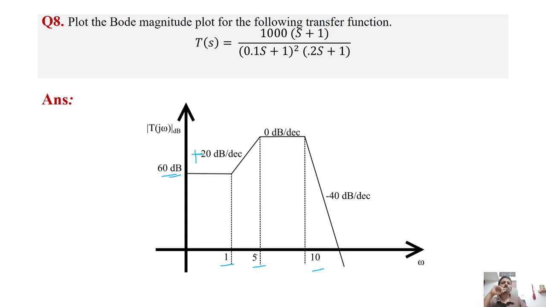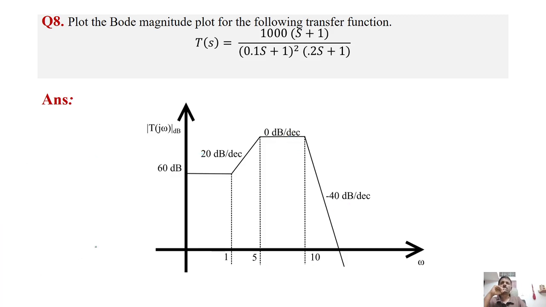At 5 it is a pole, so it will create minus 20, so 20 minus 20 is 0 dB per decade. At 10 there is a pole, so it will create a negative roll off, and since there are two terms, 0.1 s plus 1 whole square, it will create minus 40 dB per decade. So this will be the Bode magnitude plot.